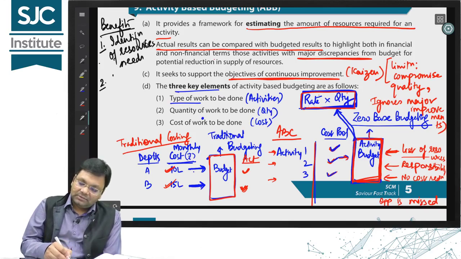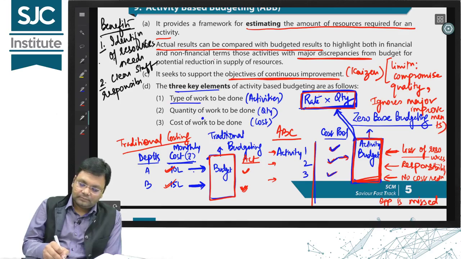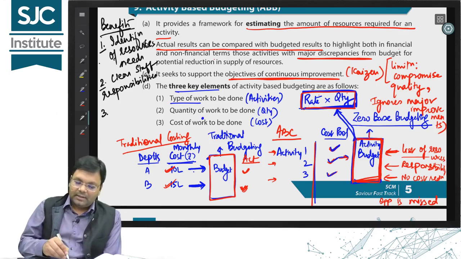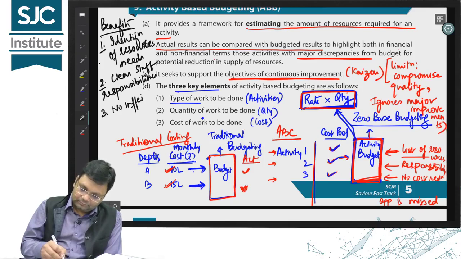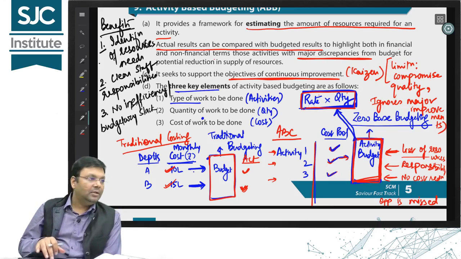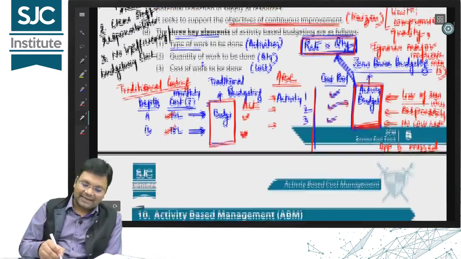Second, clear staff responsibilities. Third is no inefficiency. We also call inefficiency by another name, budgetary slack.